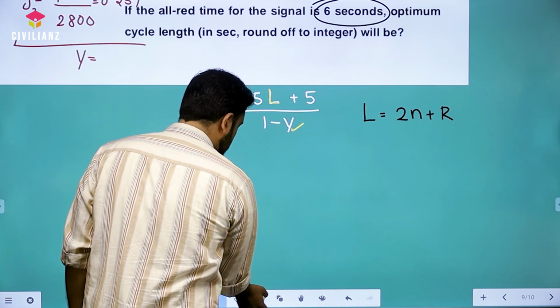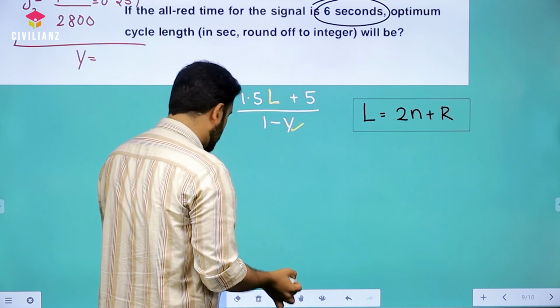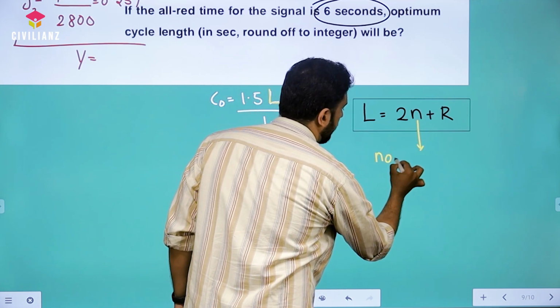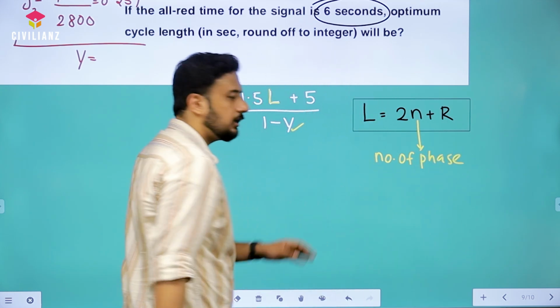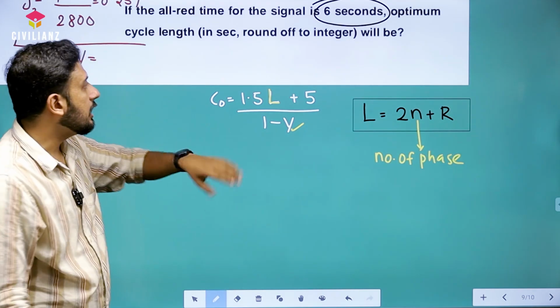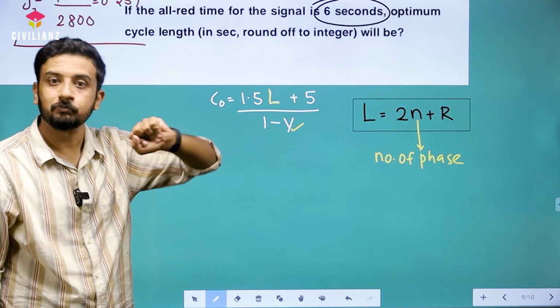What is 2n plus r? This n is nothing but the number of phases. If it is a 4-phase signalized intersection, n equals 4. If it is a 2-phase signal, n equals 2. If it is a 3-phase signal, as in this question, then n equals 3.